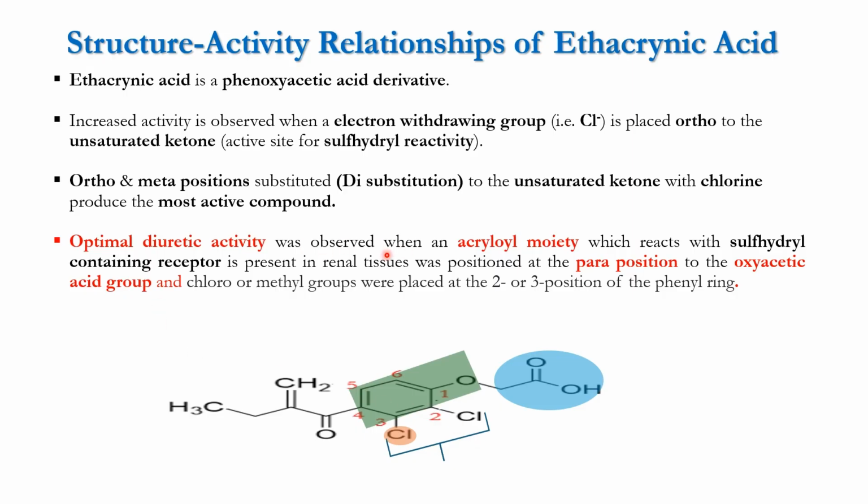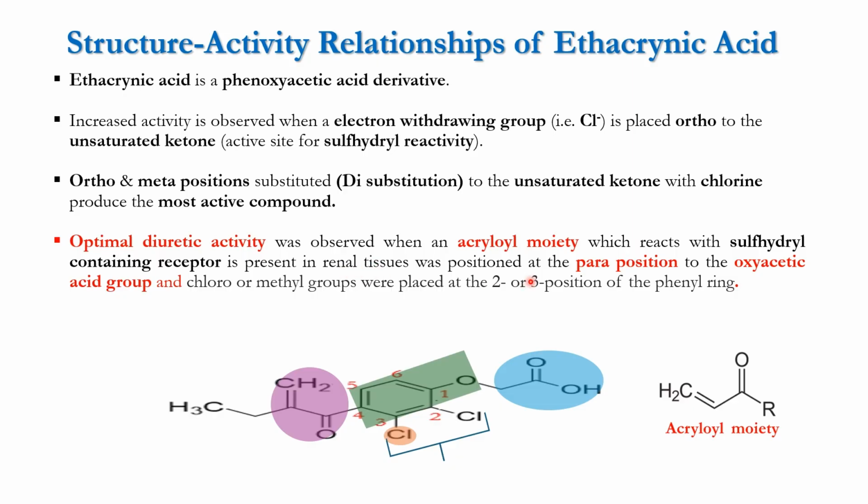Optimal diuretic activity was observed when the acryloyl moiety, as you have seen here, is present. This is the one that can react with the sulfhydryl-containing receptors found in the renal tissue, because the loop of Henle contains this moiety.